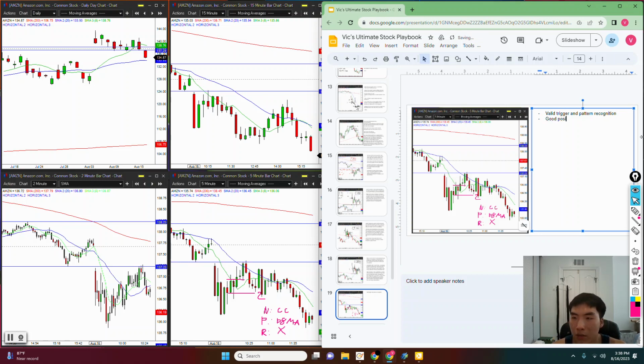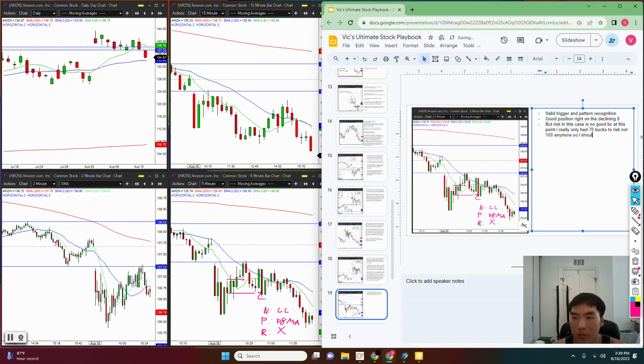Good position right on the declining 8, but risk in this case is no good, because at this point I really only had 70 bucks to risk, not 100 anymore.